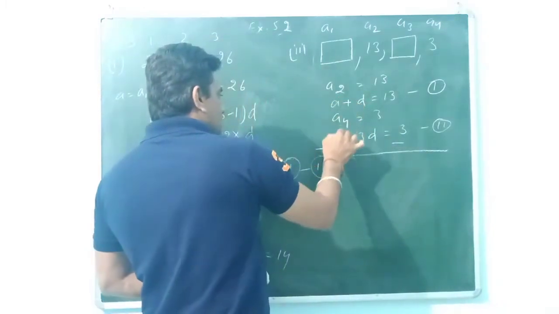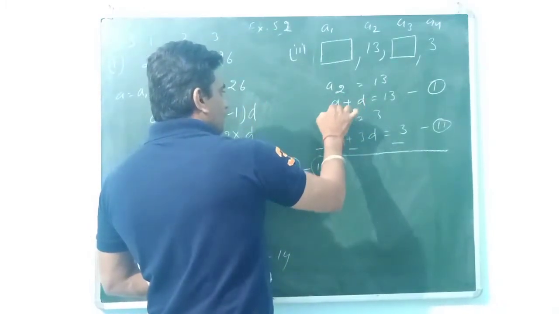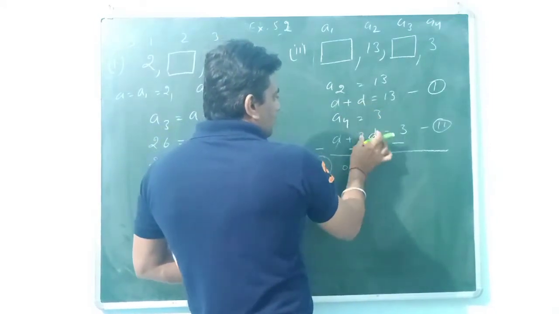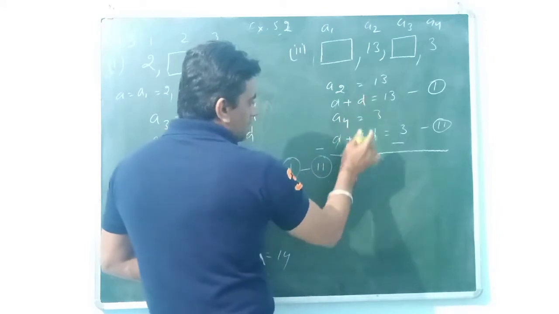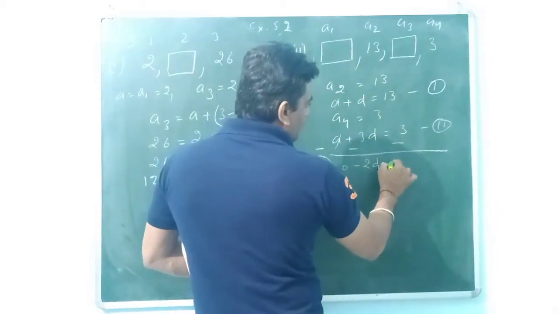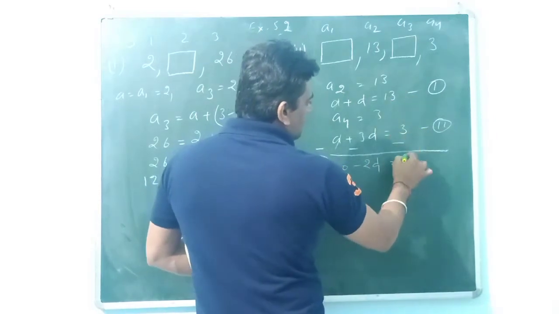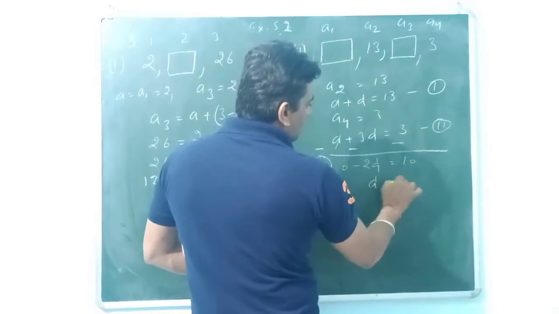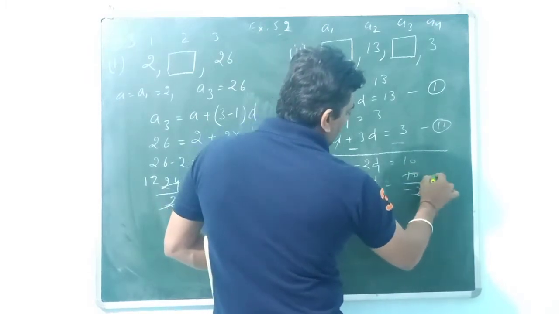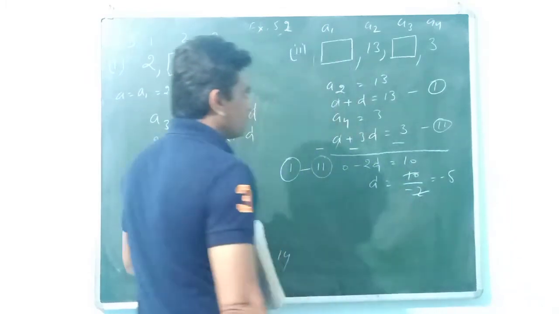So this A cancels out and we get 0. This 3D is minus and this D is plus, so we get minus 2D, and from here we get 13 minus 3 is 10, and D is equal to 10 upon minus 2, which becomes minus 5.